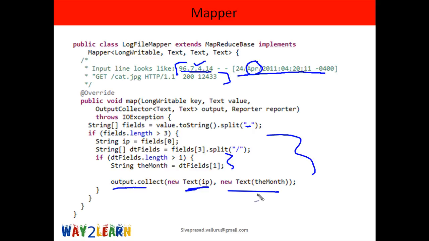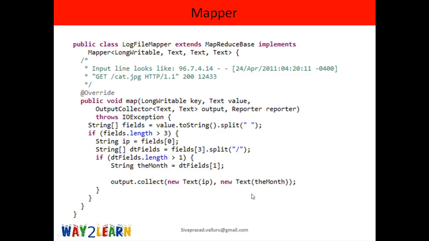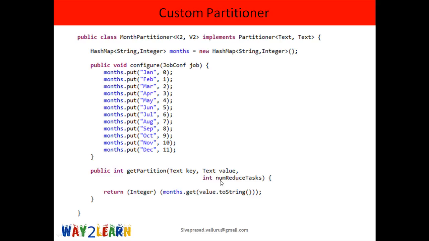Then the output of the mapper will come to the partitioner during the shuffle phase. If you see my own partitioner, MonthPartitioner, it is implementing Partitioner, and the key and value types are Text, Text. This configure method is where I can write some initialization code inside my partitioner.